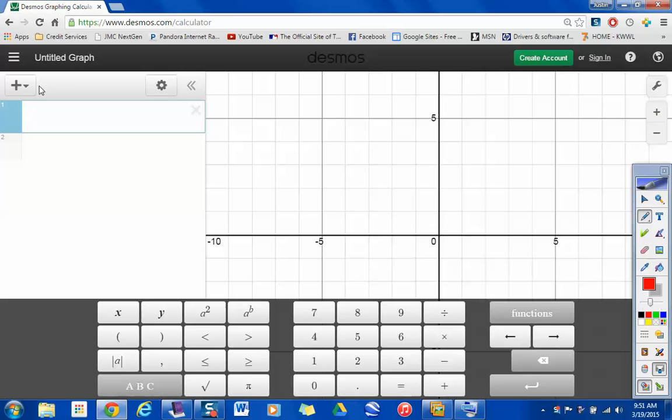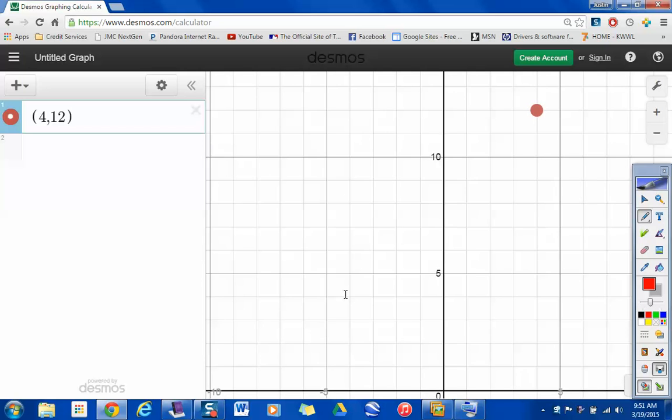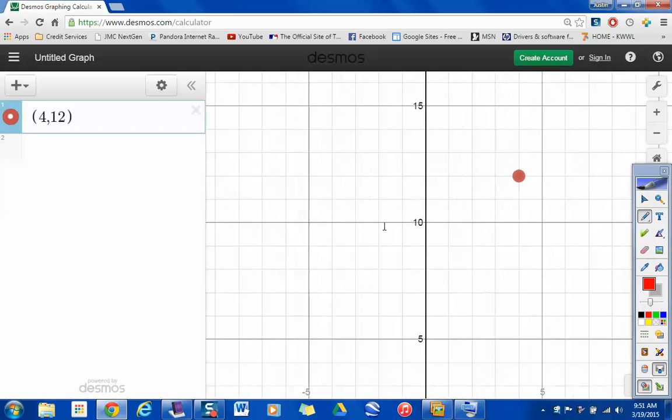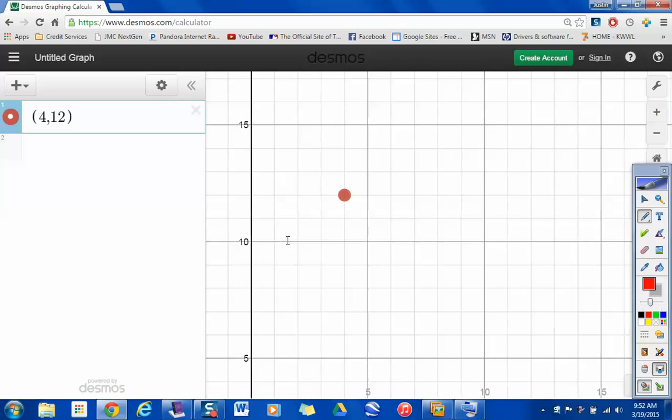Let's just do this. Parentheses, 4, comma, 12, is that right? Yeah. Okay. And I will pull this down so we can see. See my first point, 4, comma, 12? Everybody see that? Then my next one, what was the second point? 8, 4.